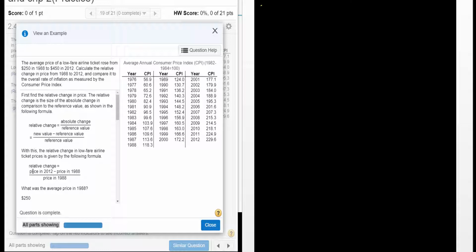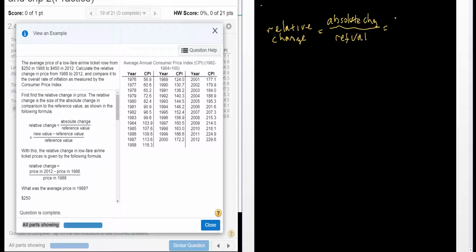So the formula for relative change is going to be the absolute change divided by the reference value, the original value in this case.